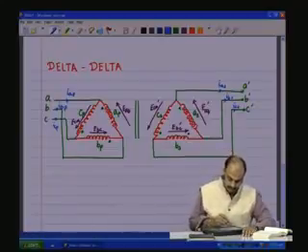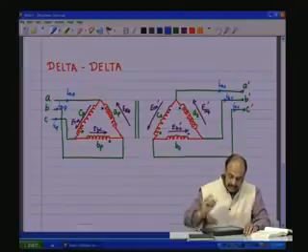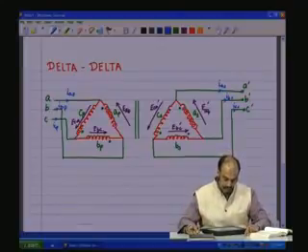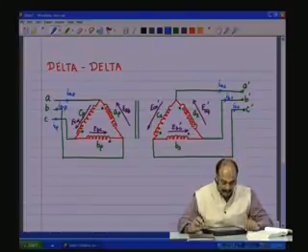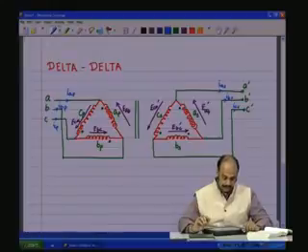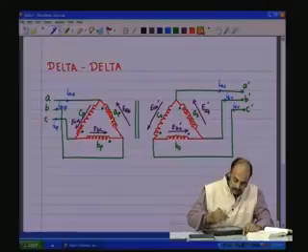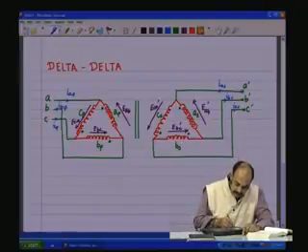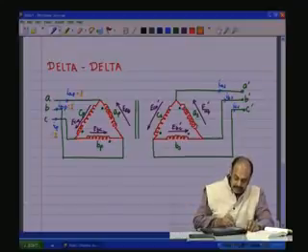Now, this is a delta-delta connection. If we say that the load is well balanced, then let us say the effective values here are equal to I and I. That is, the line currents on the primary side are I and I.